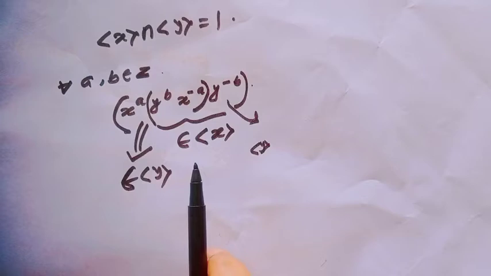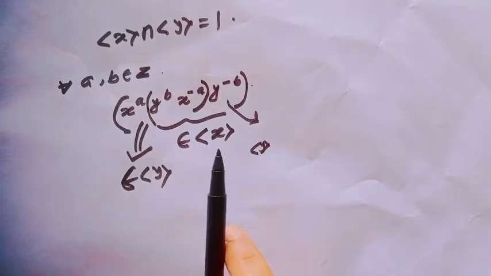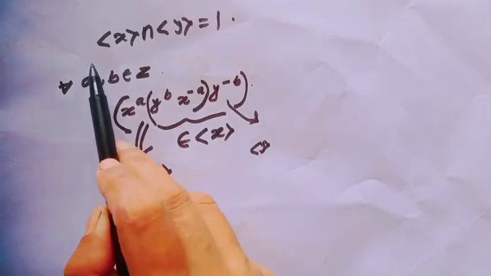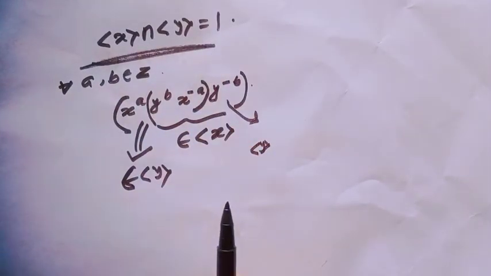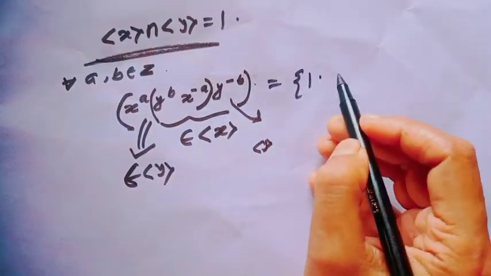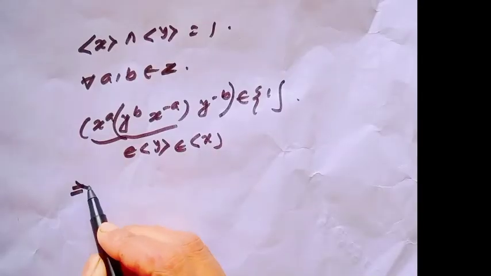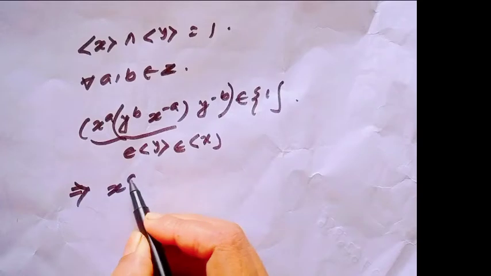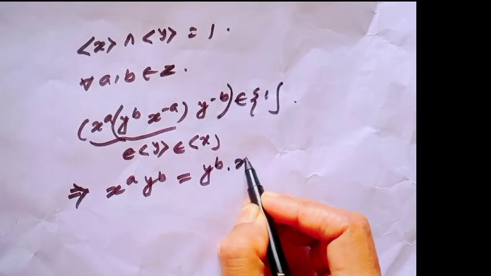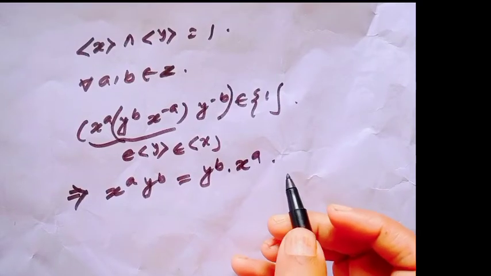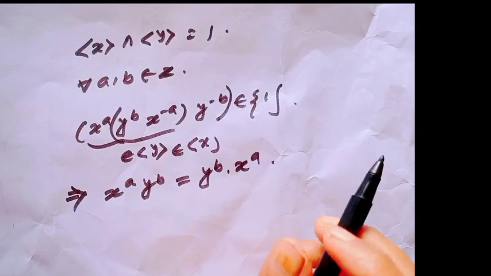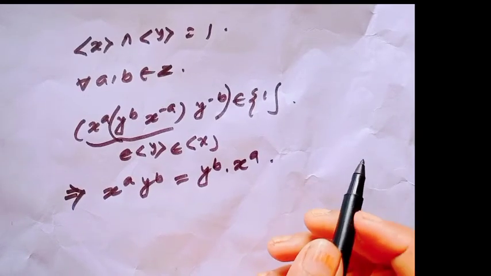Then this part is a member of the intersection of the cyclic subgroup generated by x and the cyclic subgroup generated by y, which I have seen is equal to 1. Therefore, we can write x to the power a times y to the power b equals y to the power b times x to the power a. That means any power of x commutes with any power of y.